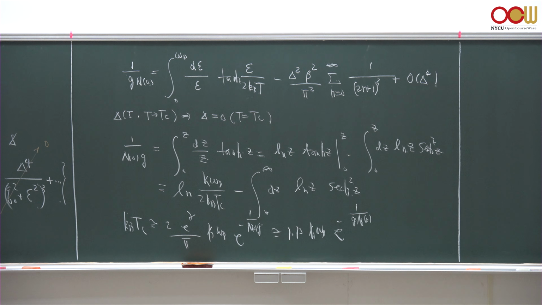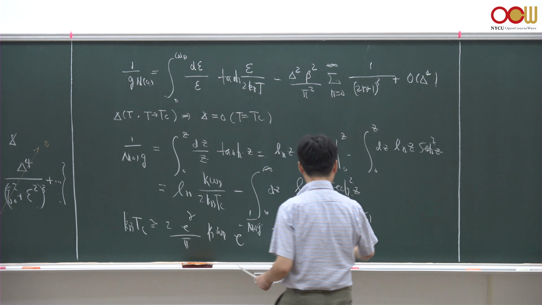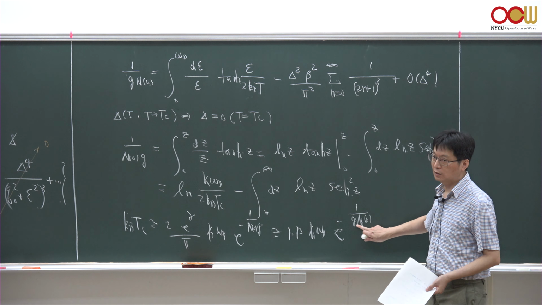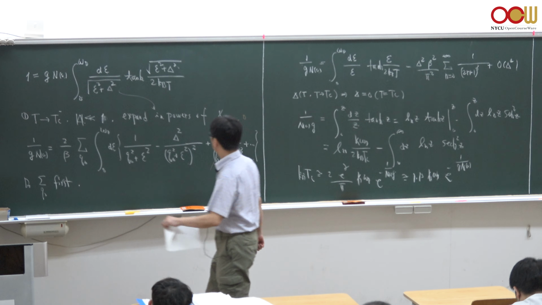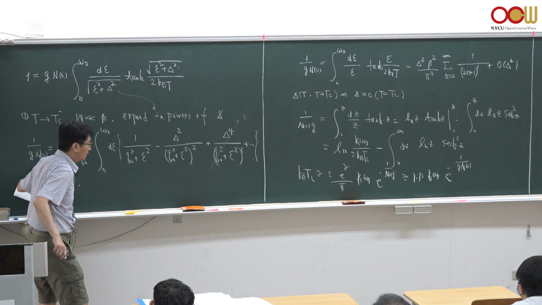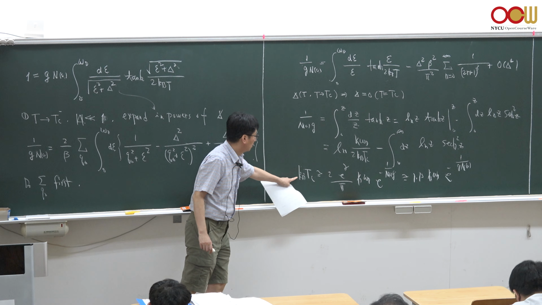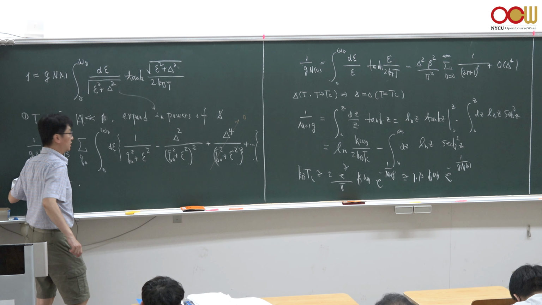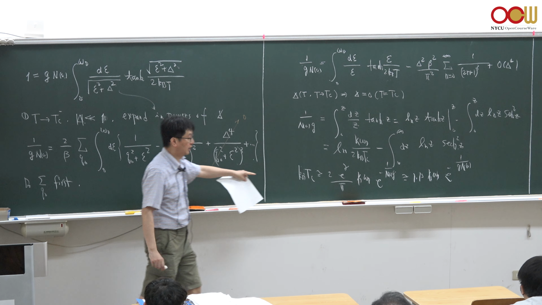All right, so what's next? Well, of course, we know the relation between Tc and the coupling constant G times the density of states. So we could rewrite this gap equation by plugging in this relation, replacing G times the density of states at zero energy by a function of kBTc.